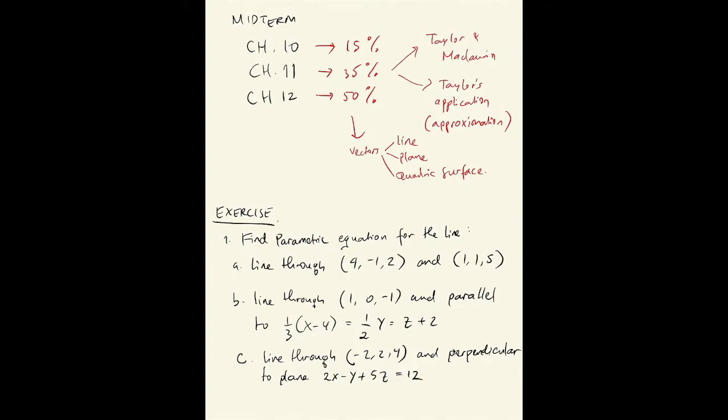So this is an example of direct questions in chapter 12. You just need to find the parametric equations, meaning you need to find x, y, z with the parameter t. Easy, right?